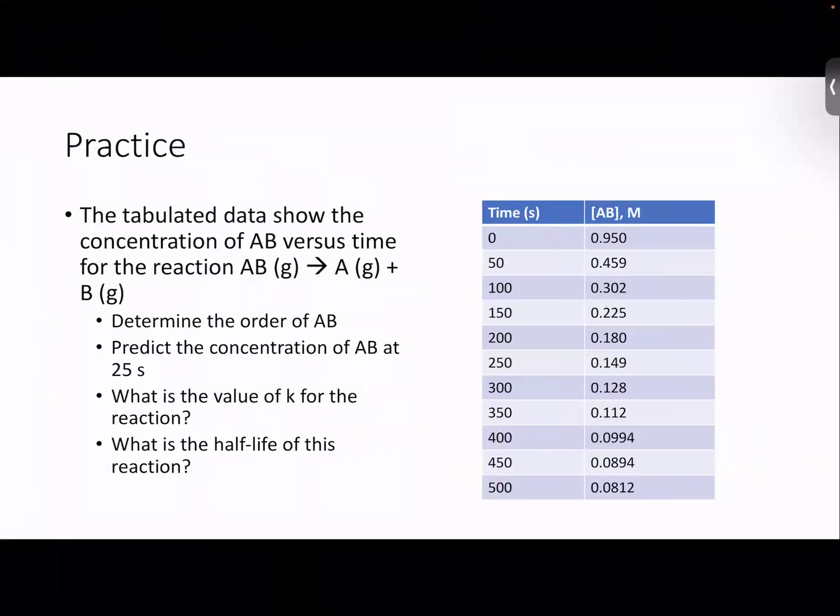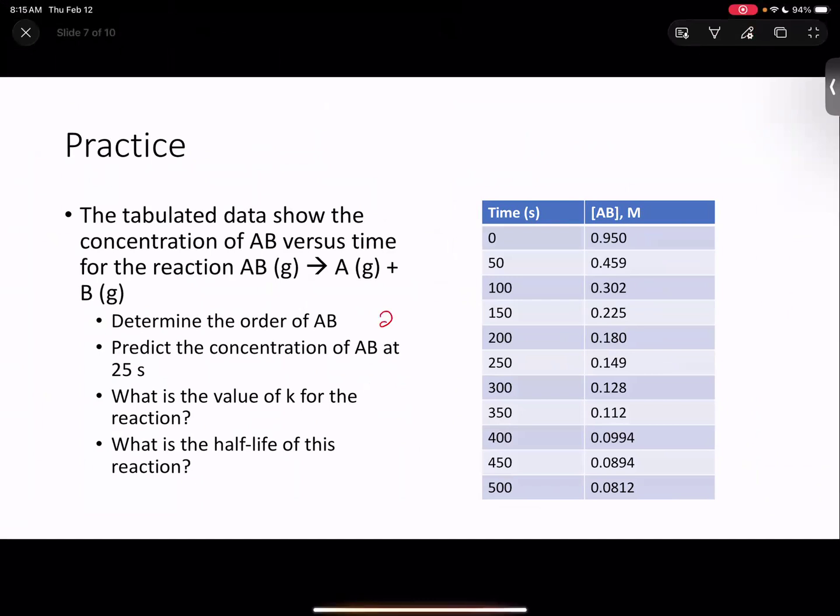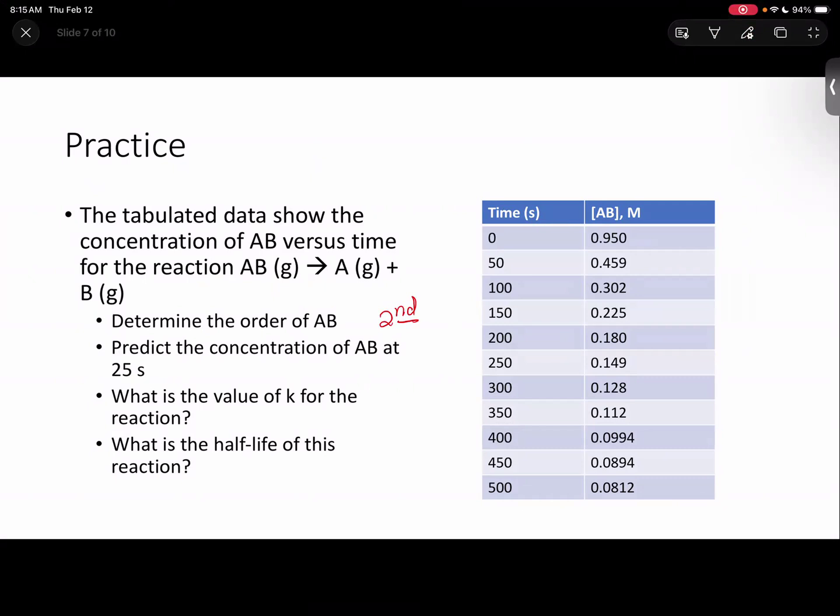So we determine the order of AB. It is second order with respect to AB. And we know it is second order because, again, 1 over A gave you the best straight line. It gave you the R squared closest to 1.